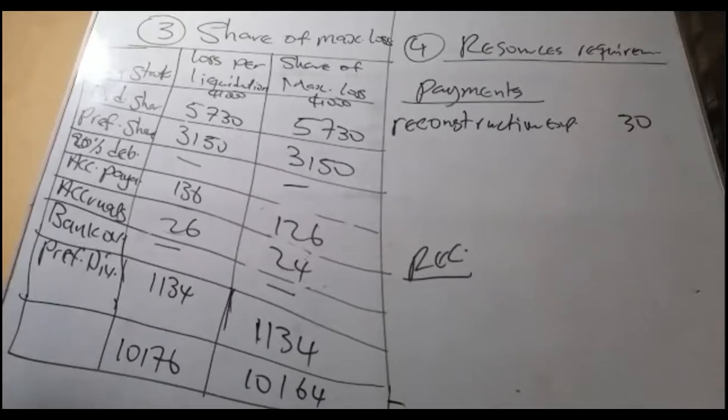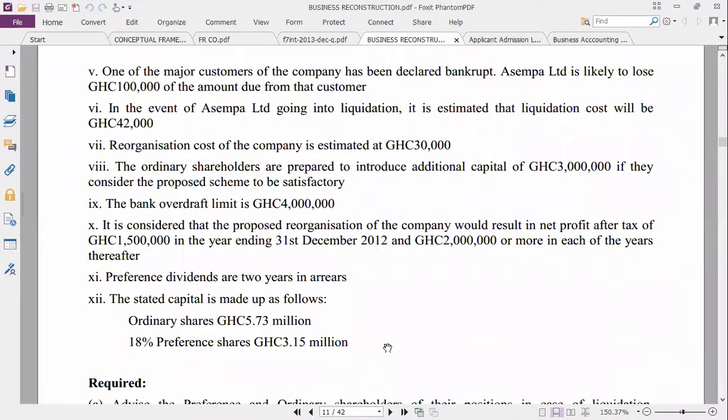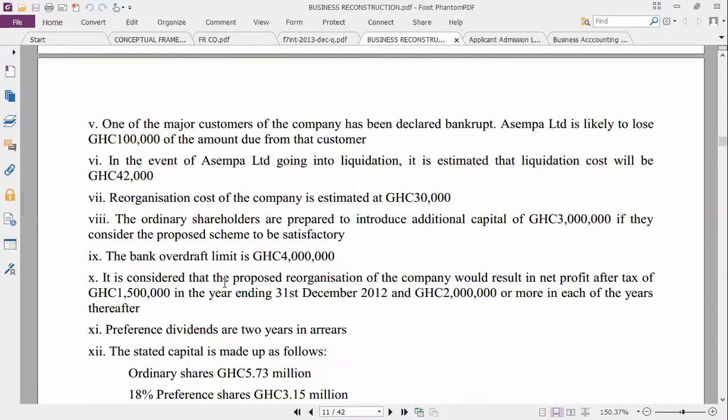So let's go to the footnotes for the bank overdraft. Now it's saying that the bank overdraft limit is 4 million. We have not exceeded the limit. We have only 2,100, right?